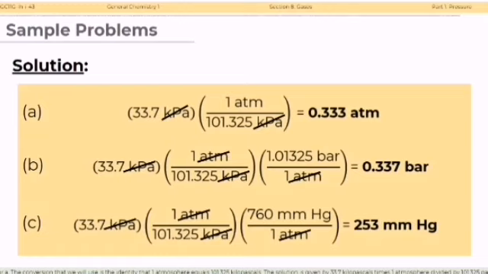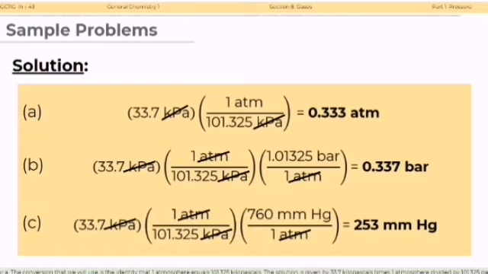For B, we have to use two conversions. First, from kilopascal to atmosphere, in which 1 atmosphere is equivalent to 101.325 kilopascals, and the second conversion is from atmosphere to bar, wherein 1 atmosphere equals 1.01325 bar.